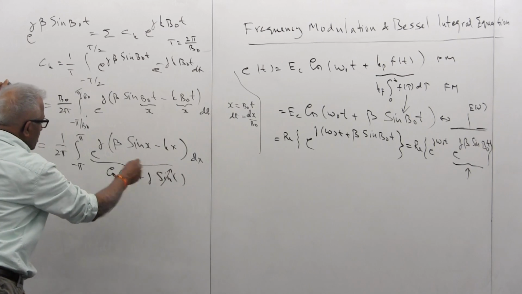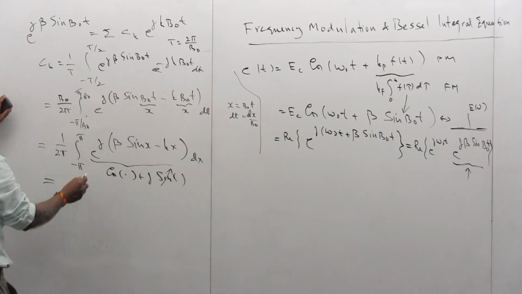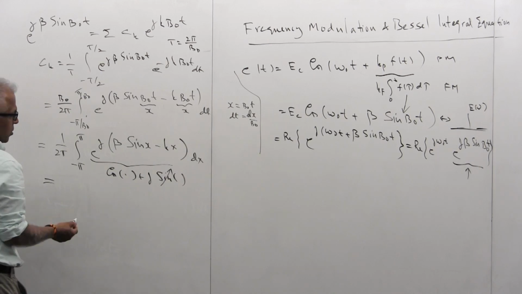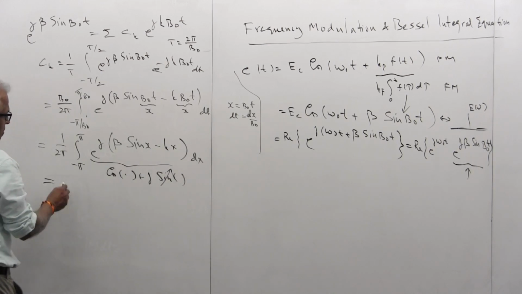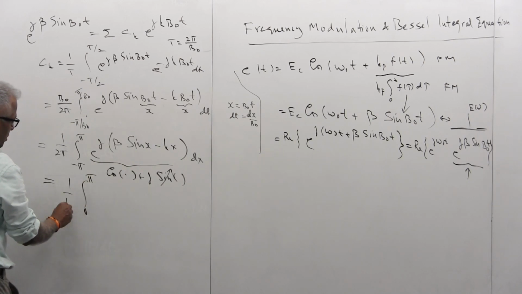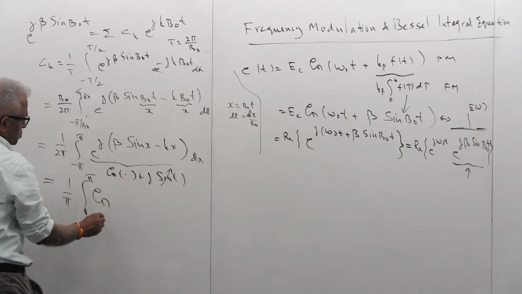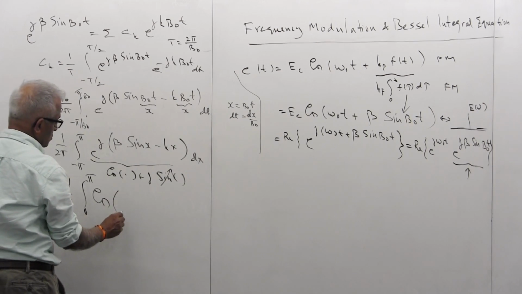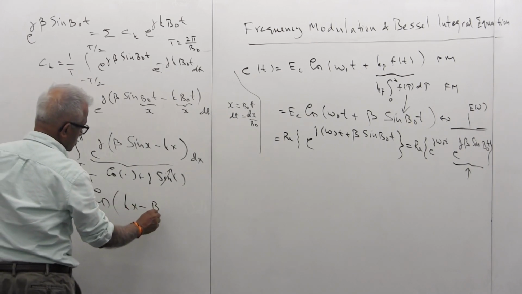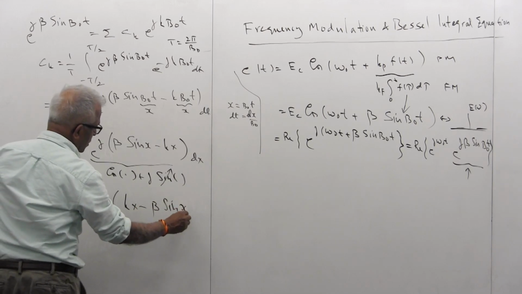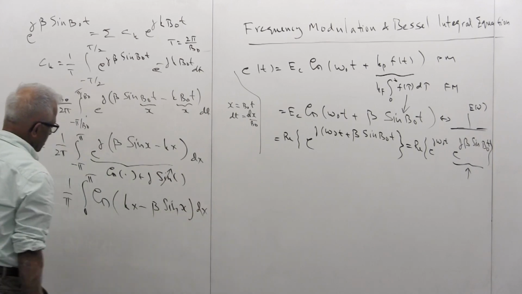This is odd, so that integral goes to 0. So the integral is only real, and it's only cosine of this exponent. And because it is even, it is twice the integral from 0 to pi. So we get this expression. Because cosine is again an even function, we can rewrite it in the standard form.